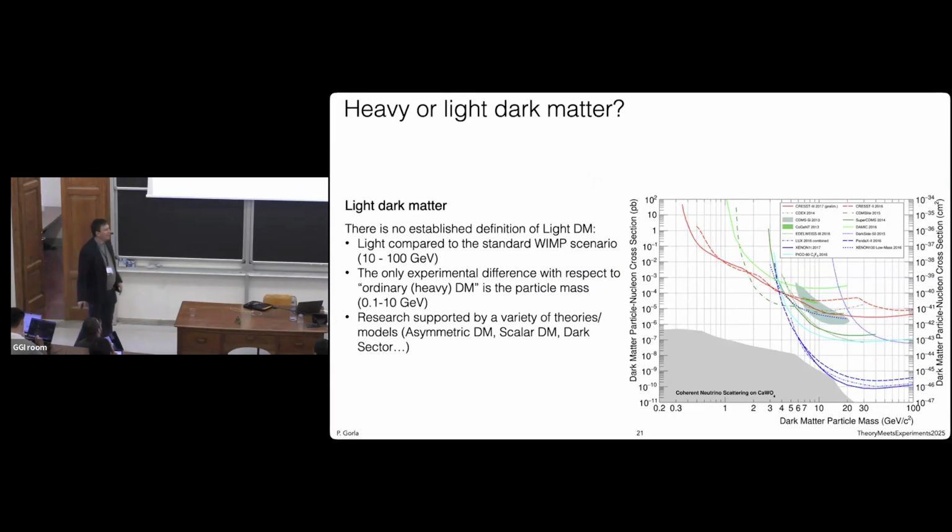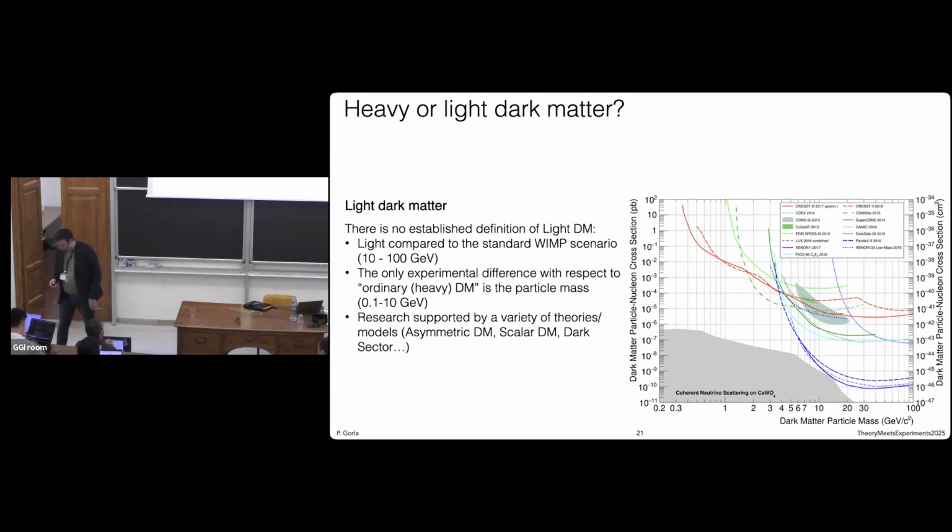Okay, the title was about heavy or light dark matter. So what is light dark matter? I would say there is not a really established definition of light dark matter. I think that at present people call light dark matter what is below the standard WIMP scenario, which expects particles to be mostly within 10 and 100 GeV.